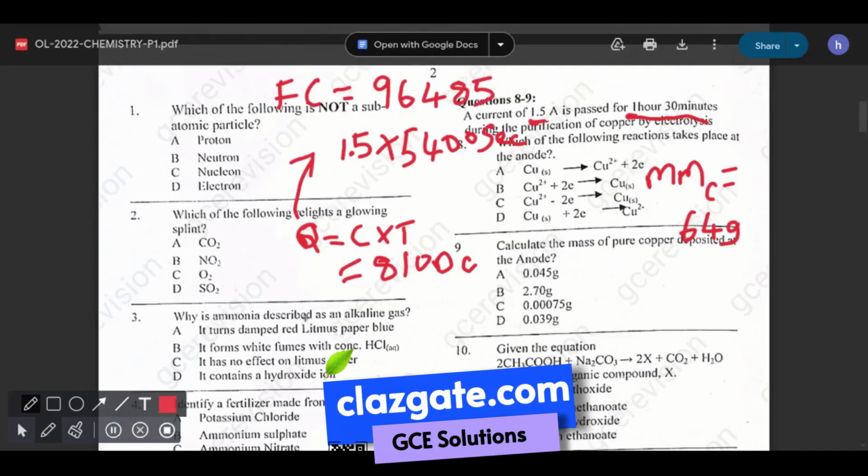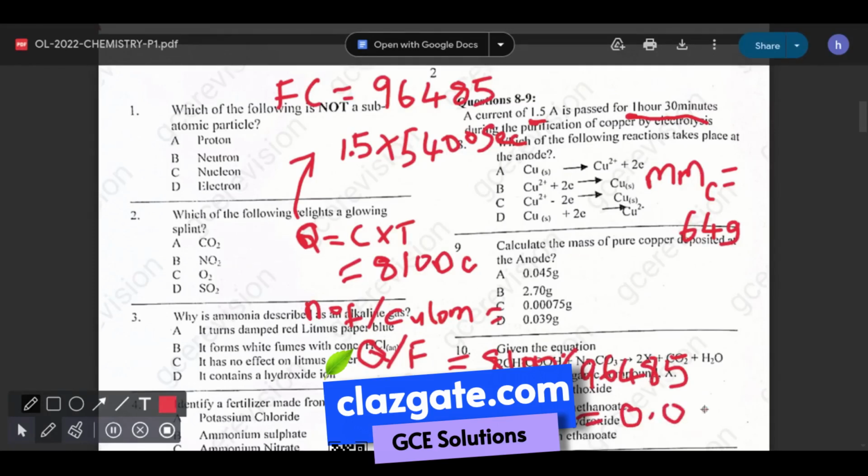The number of moles of electrons per coulomb is charge divided by Faraday's constant, and the charge is 8,100 coulombs. So 8,100 coulombs divided by 96,485 gives us 0.084 moles of electrons.